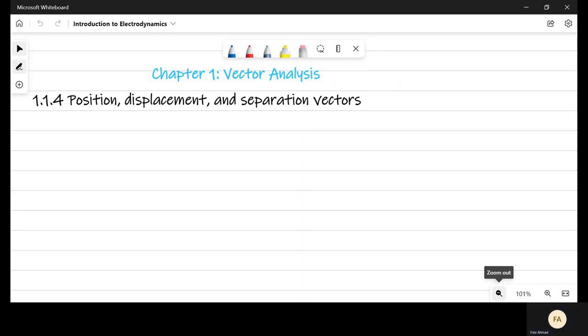Today we are going to discuss position, displacement, and separation vectors. Any point in 3 dimensions in Cartesian coordinates can be expressed with x, y, and z.